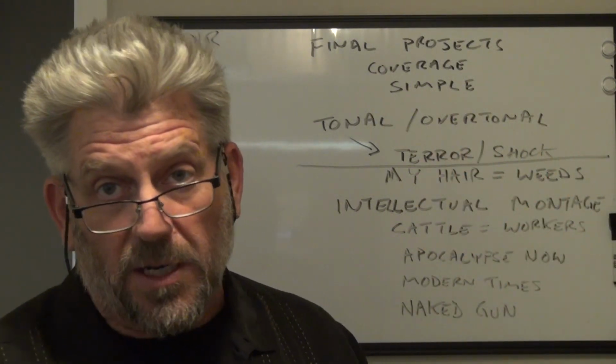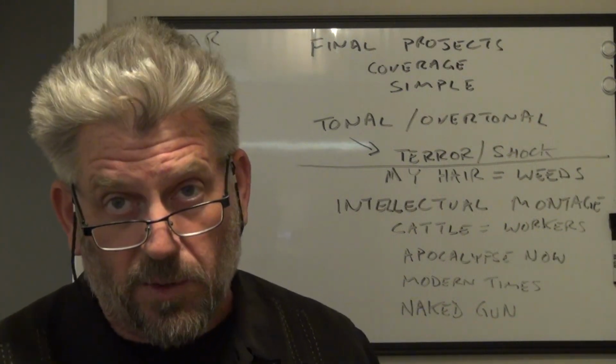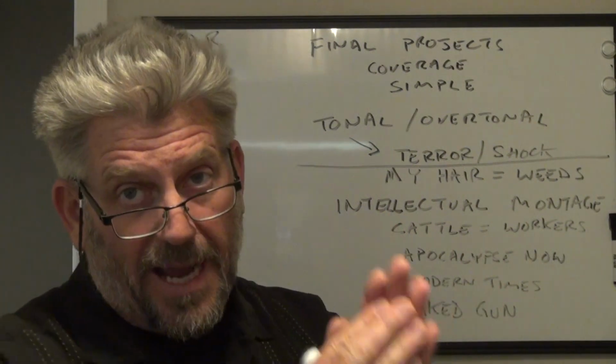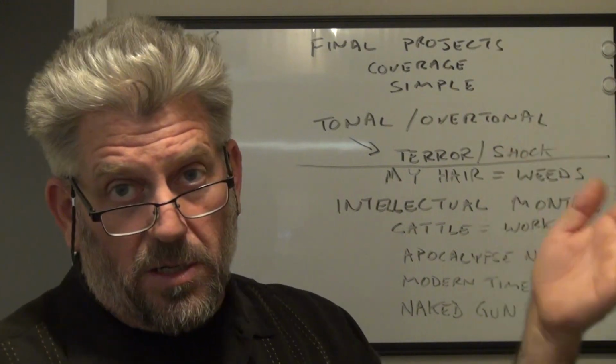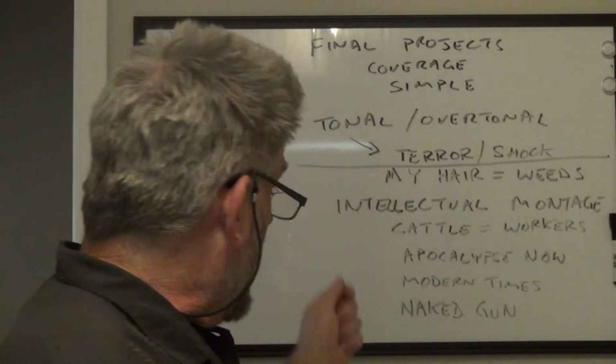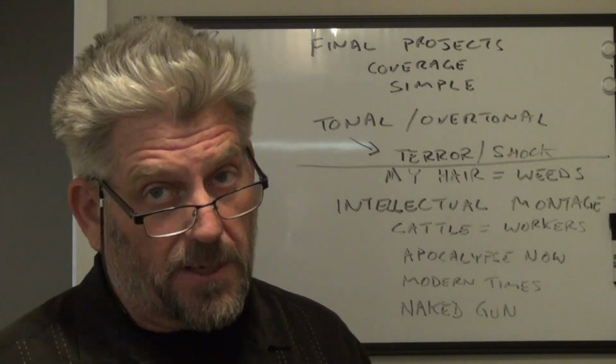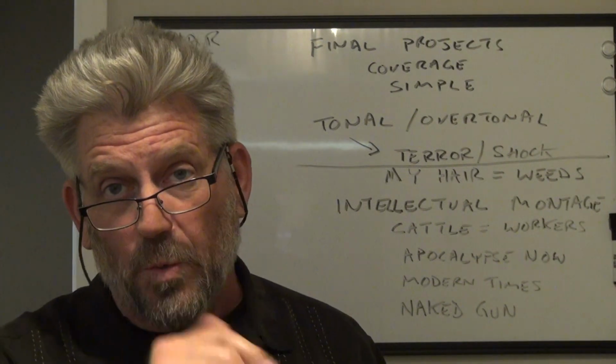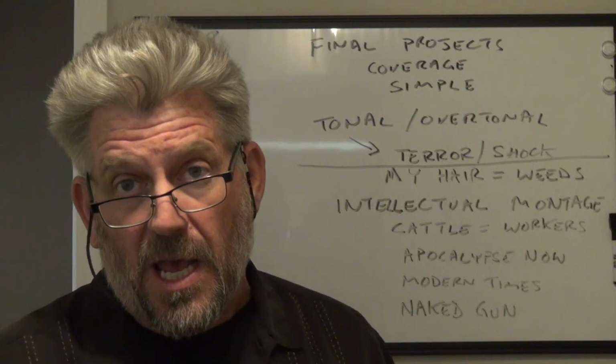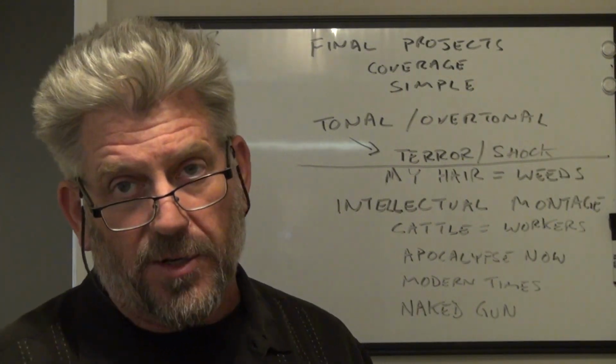This is then reused in Apocalypse Now, the famous end sequence. Cow getting slaughtered, Colonel Kurtz getting executed. And then we see, surprisingly, maybe to some people, Charlie Chaplin was a big fan of Sergei Eisenstein, and he took this idea in the beginning of Modern Times.